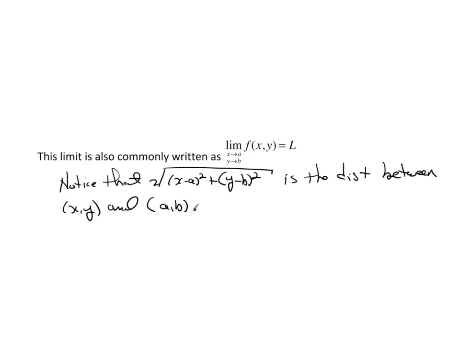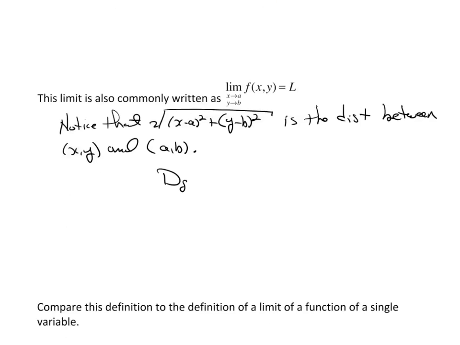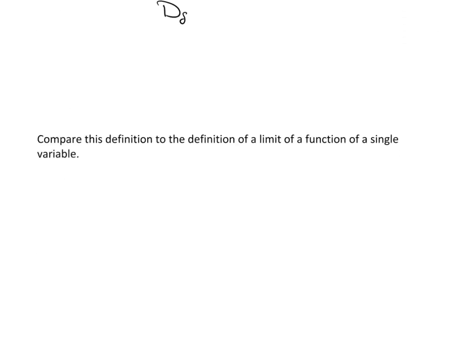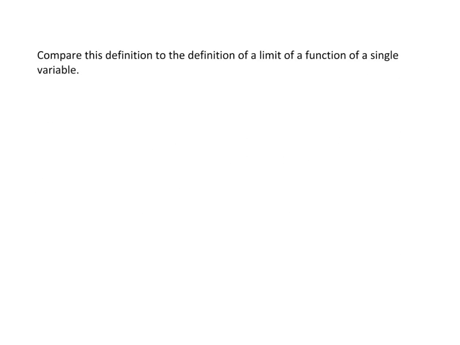Now, since we're working in 3-space, being within delta of (a, b) suggests that we have a disk about (a, b) with a radius less than delta. So commonly this D was subscripted with D sub delta, simply indicating that it's a disk and the radius is less than delta.